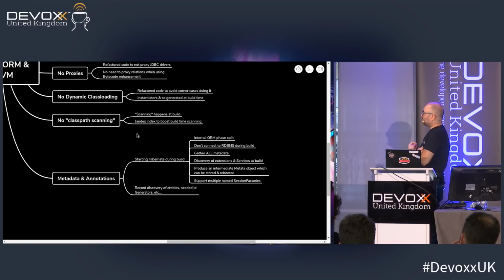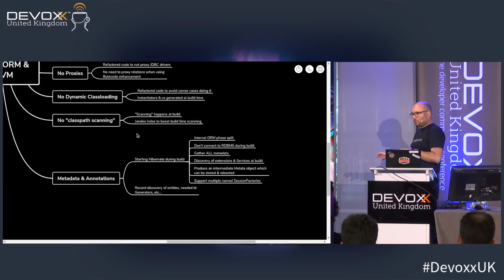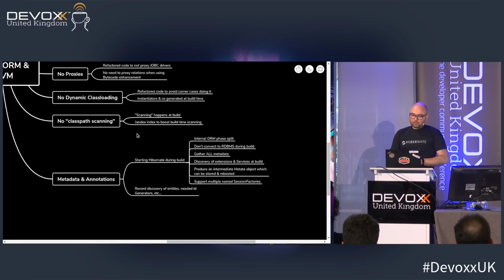And we'll see what that benefits. With the half-started Hibernate, we cannot connect to the database because you're compiling, right? But we can start everything and verify the validity of your model and build our internal models and all our internal data structures. And then these get snapshotted and they become a constant for the compiler. So you can get more benefits out of that.